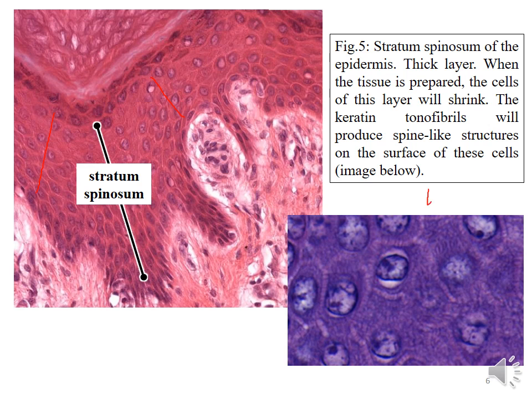So in this image here we have a cell and we have these spine-like projections on the surface. These are caused by the tonofibrils, which do not shrink, of course, like the cytoplasm.